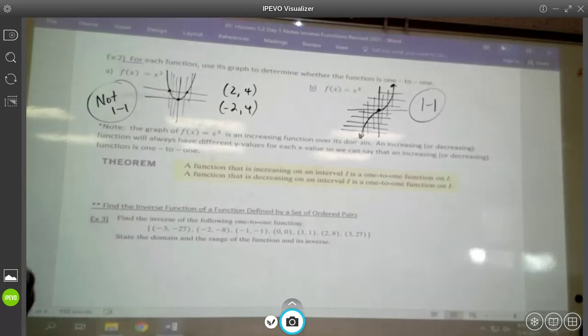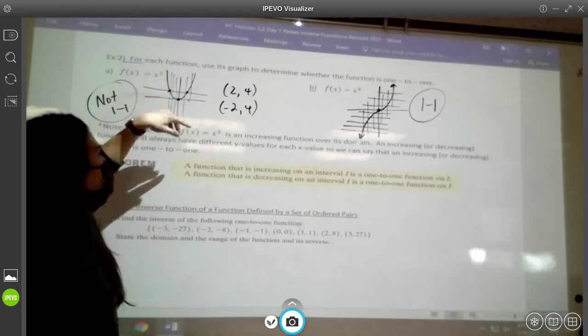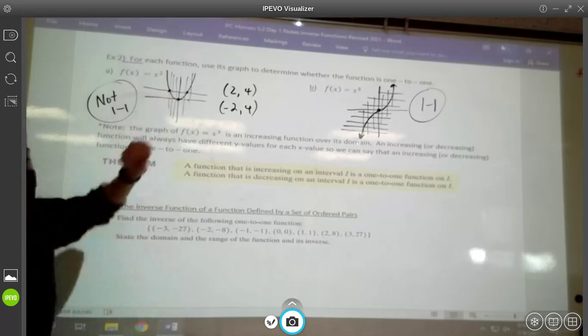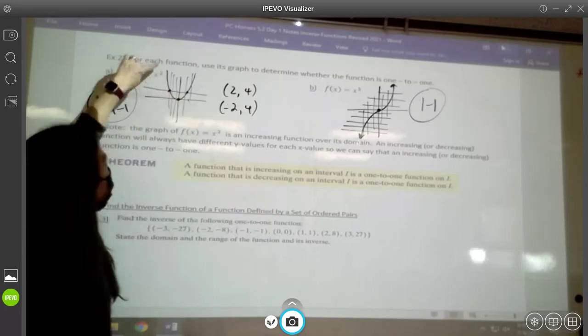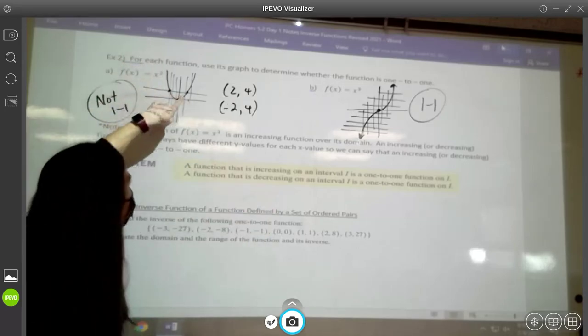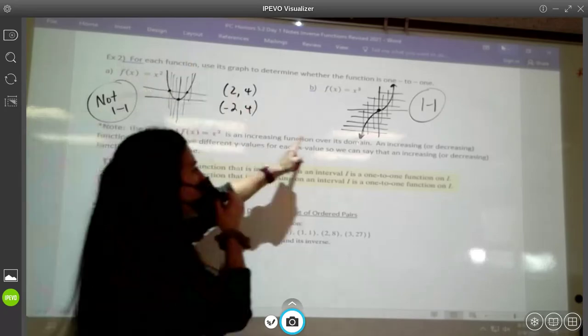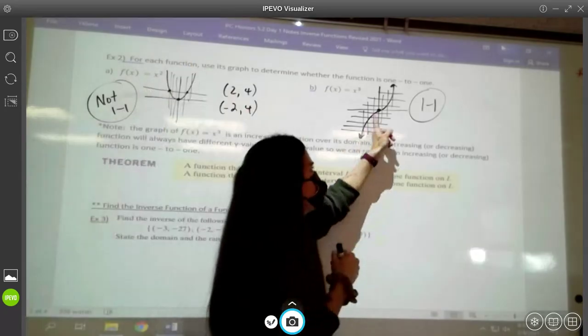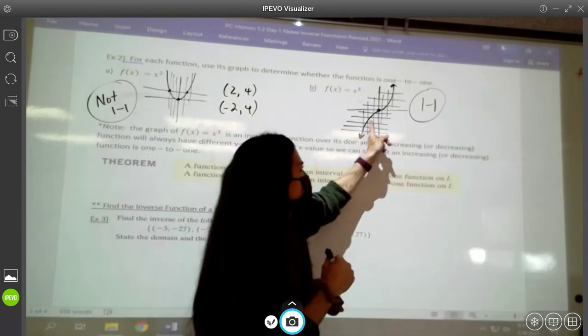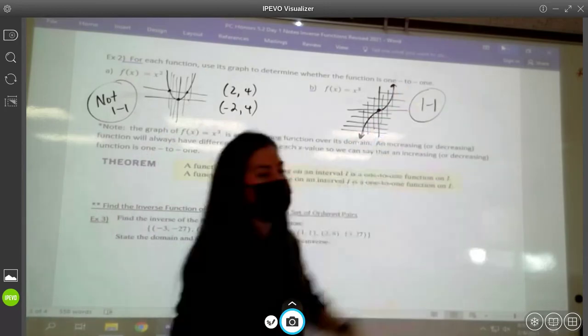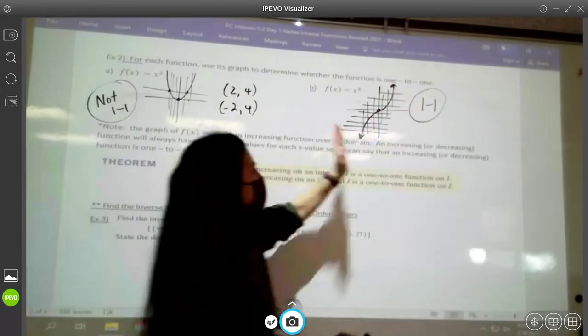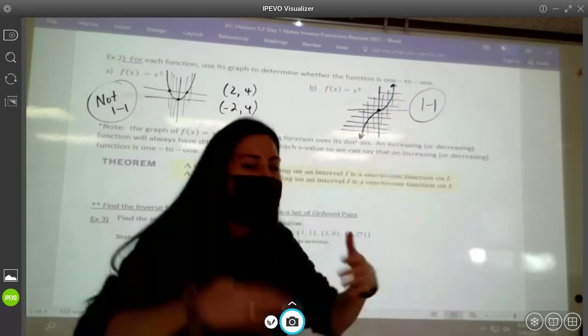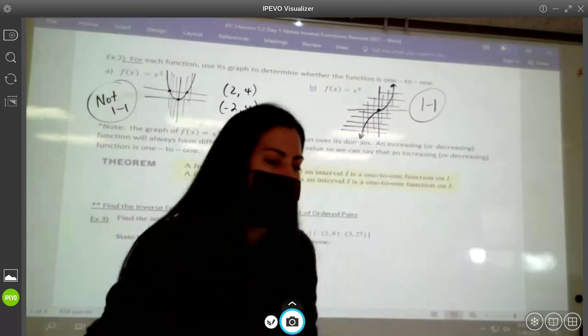All right, but there's a trick. This was not an increasing or decreasing function over the life of its entire graph. First, it's a decreasing function, then it turns and becomes increasing. But this is an increasing function the entire time. As x gets bigger, y got bigger the entire time. So guys, as long as you're increasing the entire time, y is always going to be changing, and y will never repeat.